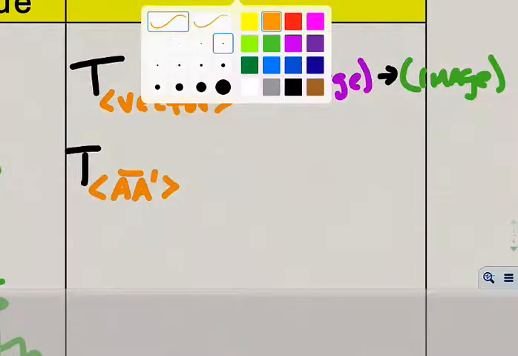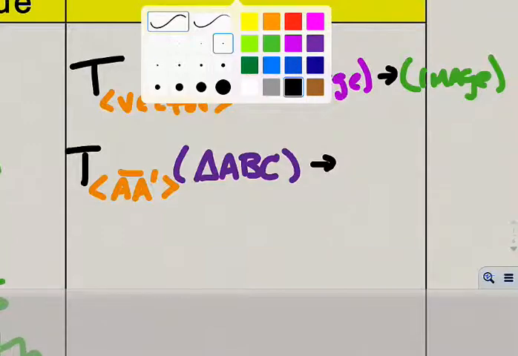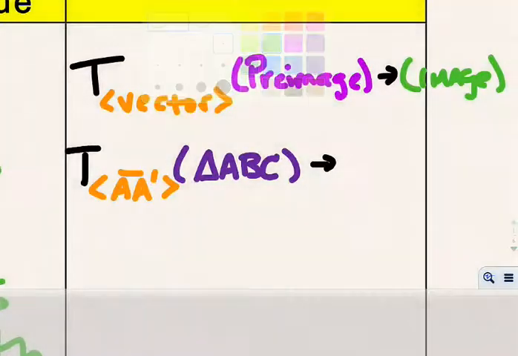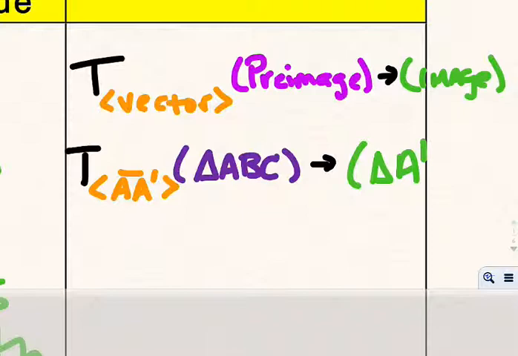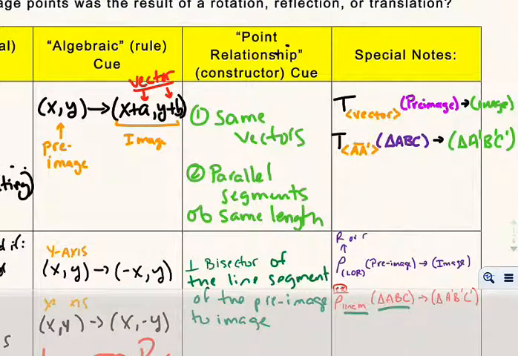The preimage is triangle ABC. And that will take us to the new triangle, A prime, B prime, C prime. Okay? So again, think of the algebraic rule more as an informative thing. Think about this general rule more as like an order, like this is what I need you to do.